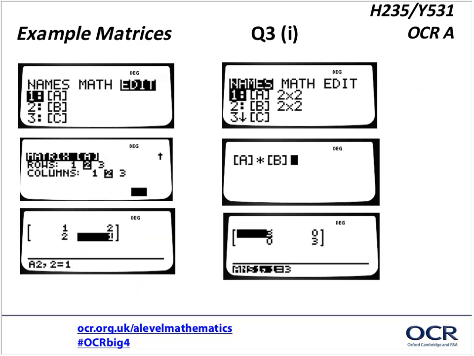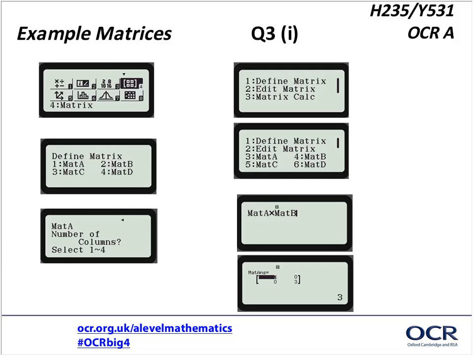Using the calculators for solving matrix problems, the key thing is defining the matrix and putting in the values first before actually doing any mathematical calculations. So on the Texas and similarly on the Casio, choosing the matrix option, defining the matrix.